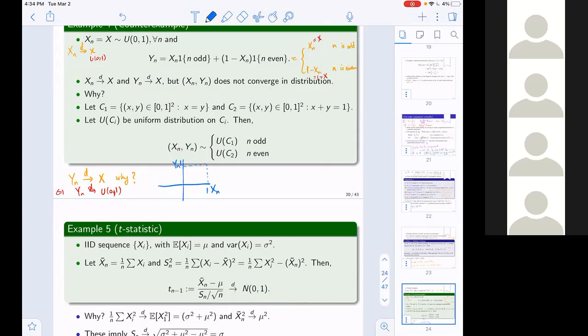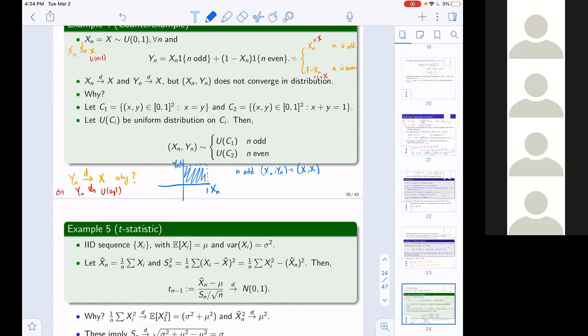So if n is odd, (Xn, Yn) would just be (X, X), the way we defined it. So what is the distribution of (X, X)? Anyone? It's uniform in the 2D space. You mean this?